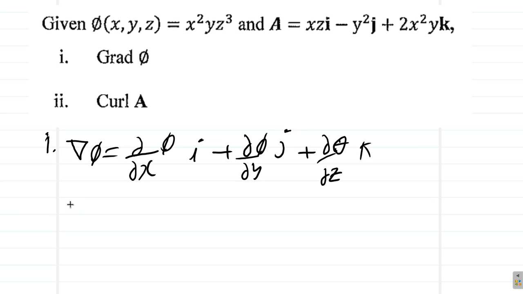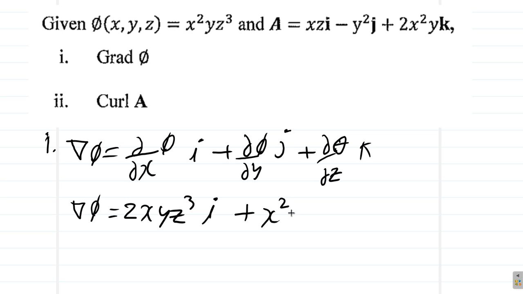So the grad of phi, alright? When you differentiate this with respect to x, you're going to get 2x y z cubed in the i direction, plus differentiate it with respect to y now, you're going to get x squared z cubed in the j direction, plus the partial by partial z is going to be 3x squared y z squared in the k direction.